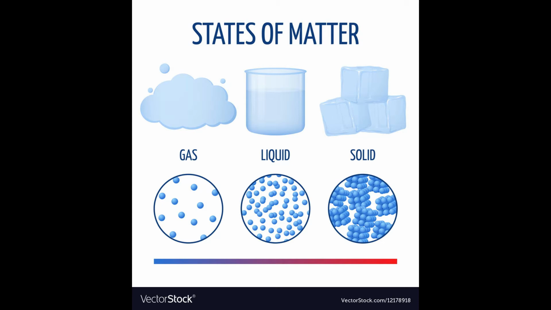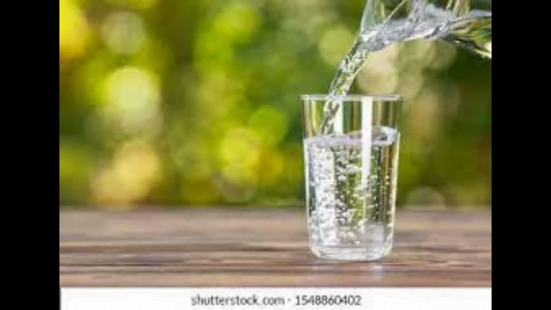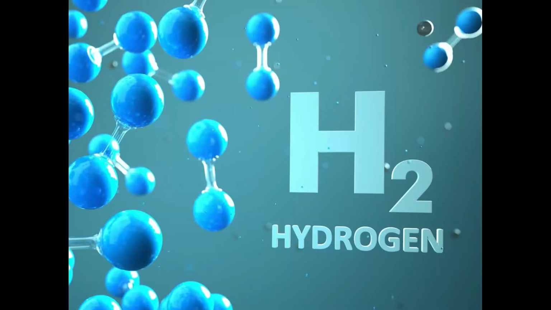Gold is in solid form and gold is made up of only gold molecules. Water is a pure substance. Why? Water is made up of only water molecules, and water is in liquid state. Okay, hydrogen is in gaseous state and it is made up of only hydrogen molecules, so it is a pure substance.